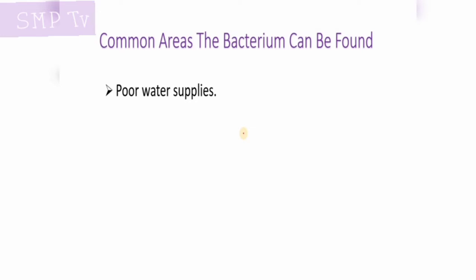So let's look at other places. We have poor water supplies. Poor water supply can lead to cholera. Food and drink sold on the street, when it is not properly maintained, will breed the bacterium.